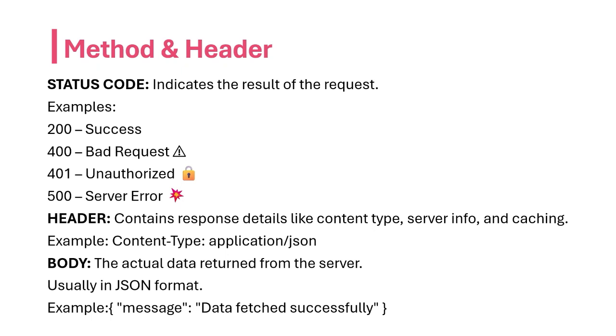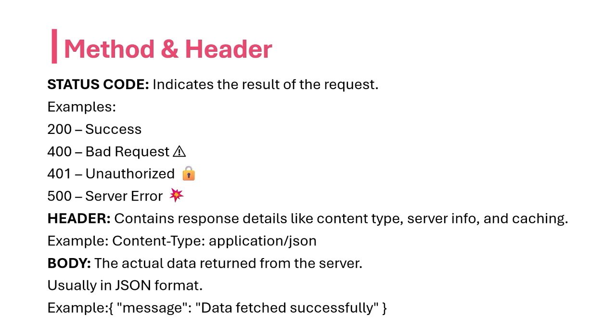For example, 200 means success, 400 means a bad request, and 401, which we sometimes see on our mobile phone or when we open any website, means unauthorized. Then 500 simply means that it is a server error.